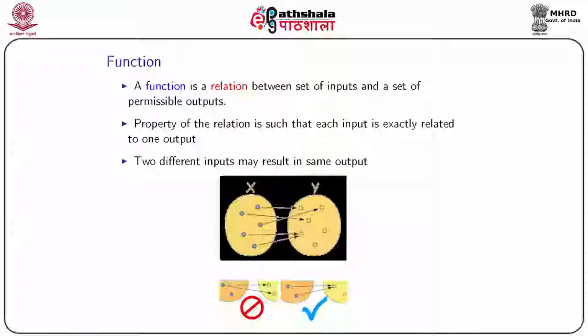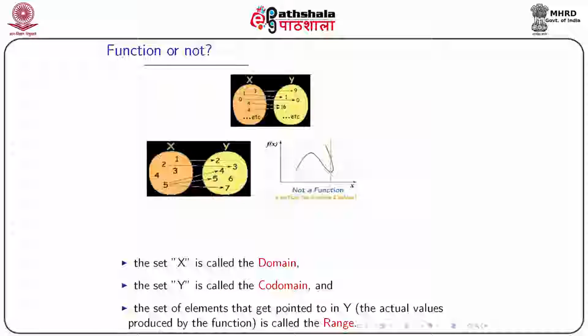We'll show some examples. Let us focus on the picture we have. Here we have two sets, X and Y. The elements in X are denoted by blue dots, whereas elements of Y are just simple dots.